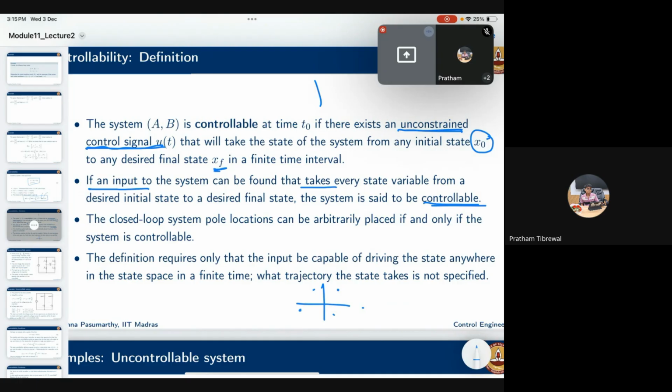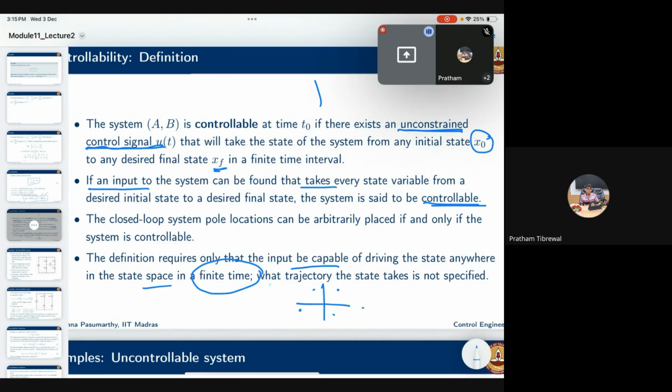When I can control the system, I can control its transient response. I can design it for a certain overshoot, a certain steady state error, and so on. The definition requires only that the input be capable of driving the system anywhere in the state space, and this should happen in finite time. I should not reach Sambalpur from Chennai asymptotically at t equal to infinity. All this must happen in finite time.